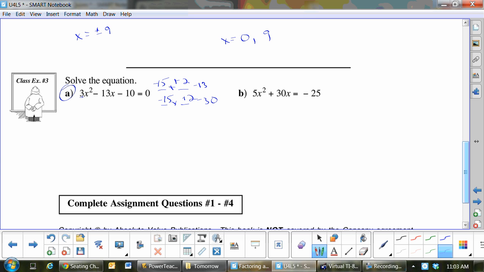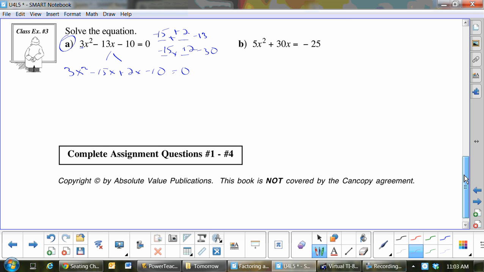Okay? So, remember, I just can't go x minus x minus. This is the one where I've got to go 3x squared minus 15x plus 2x minus 10. Make sure these equal that. Yeah, good. Equals 0. Okay? And hopefully these are getting routine at this point in time. So I put a set of brackets here, a set of brackets there. What can I take out of the first set?